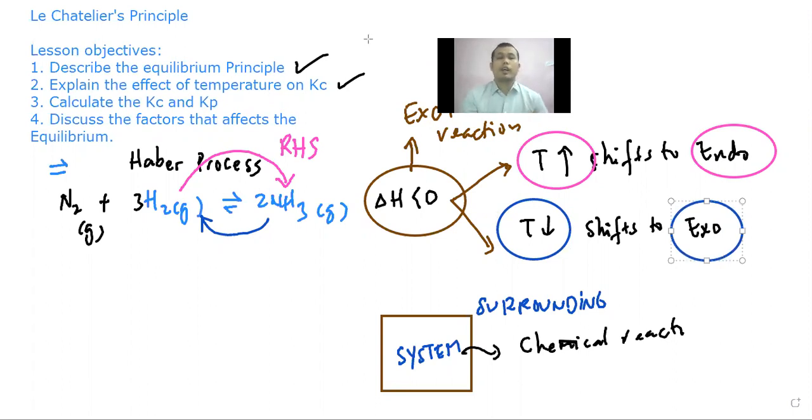So if we check this reaction, increasing the temperature is a poor decision in order to gain more ammonia, because you are going to get less ammonia as the equilibrium shifts to the left hand side.